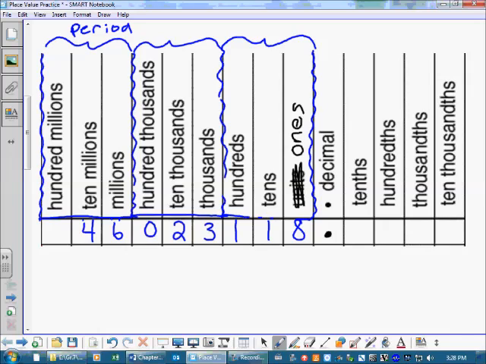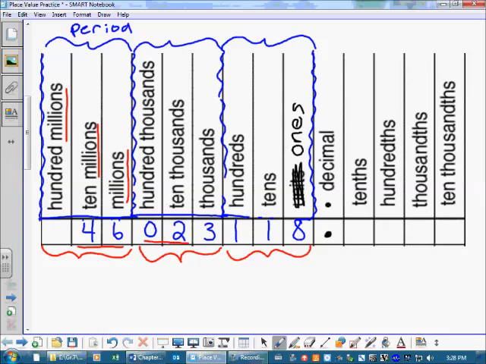Okay, now I'm going to give it a crack. First thing you want to do is identify your groups of 3. Here's your group of 3. Here's your other one. And here's your other one. So we're going to start with this one right here. We're going to read that one first. So we read this as 46 million, because we're in the millions group.